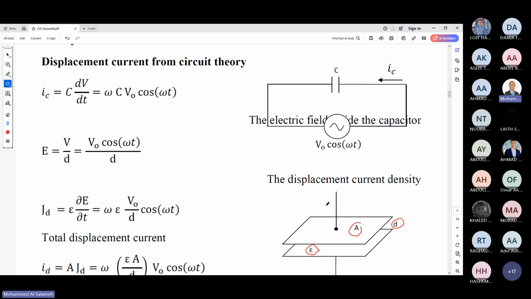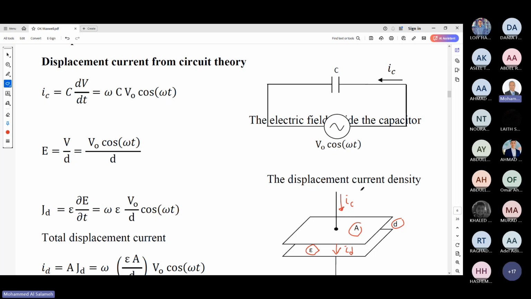Outside there is conduction current, I conduction. Inside there is an insulator, so it is not conduction, it is I displacement, the displacement current. Here there is no conduction current inside.